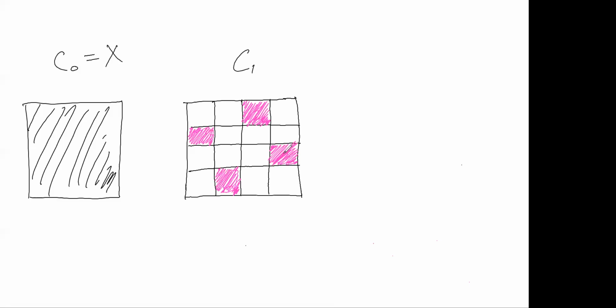So 4 of them. Let's say this one will be the image under the first map. We'll go by columns here. So this will be the second image of X. And then this one will be F3 of X, and F4 of X.